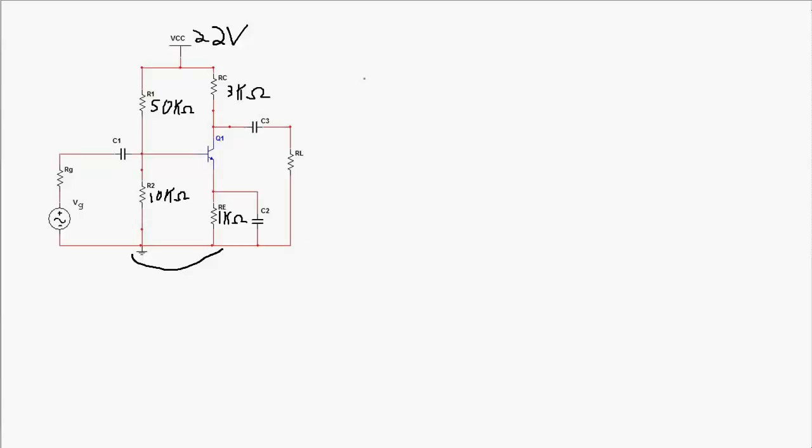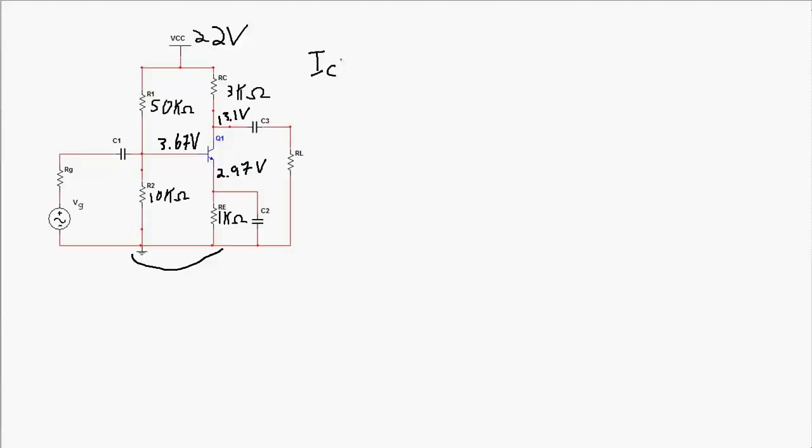I'm not going to show all the calculations for the DC analysis, but what we would find is the voltage here at the base is about 3.67 volts. The voltage here at the collector is about 13.1 volts. The voltage down here at the emitter is about 2.97 volts.